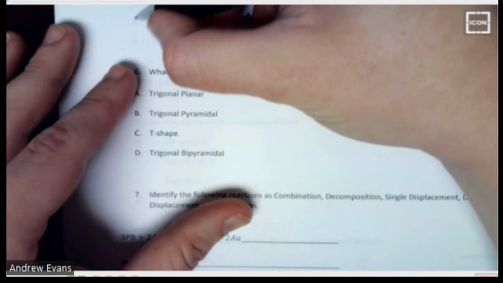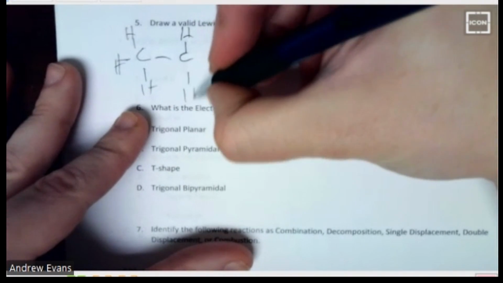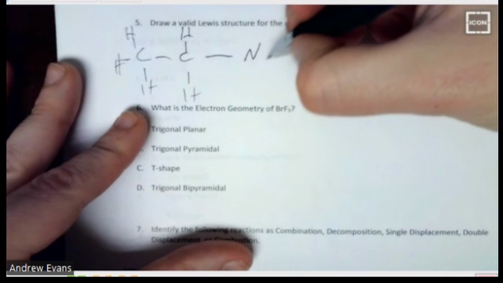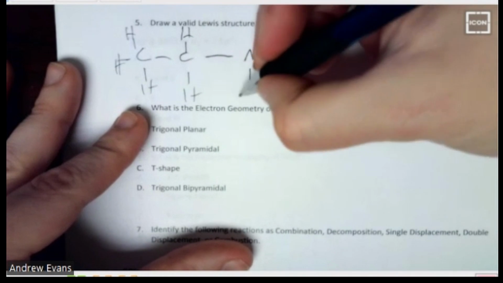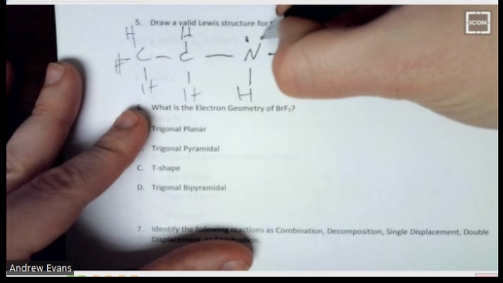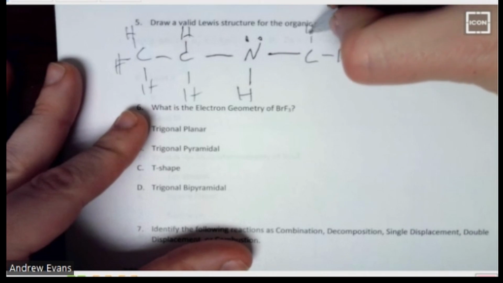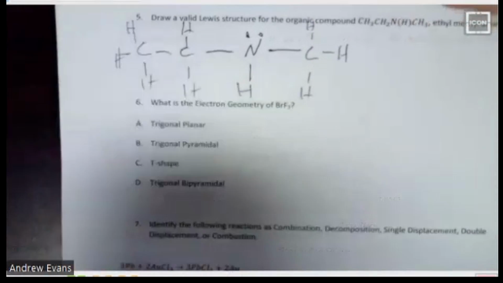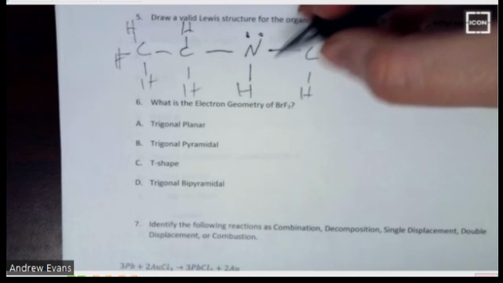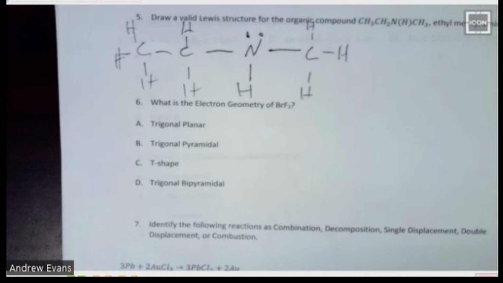So we have ethyl, C, H, H, H, C, H, H, bond to N, H, lone pair, C, H, H, H. There's only so many structures you can do with this. You are not allowed to make 2 bonds to an H. Nitrogen should have 3 bonds and a lone pair.